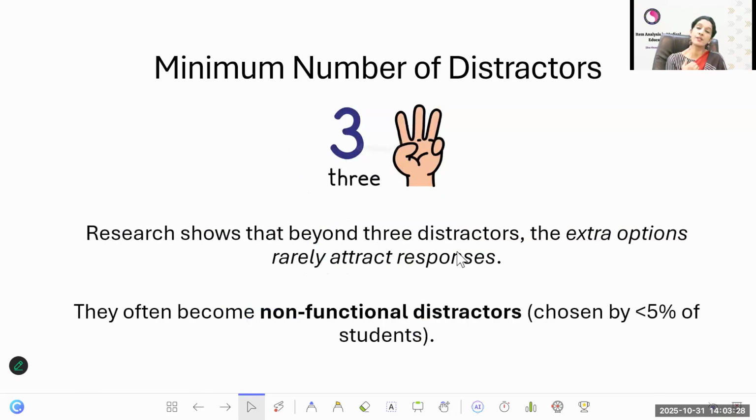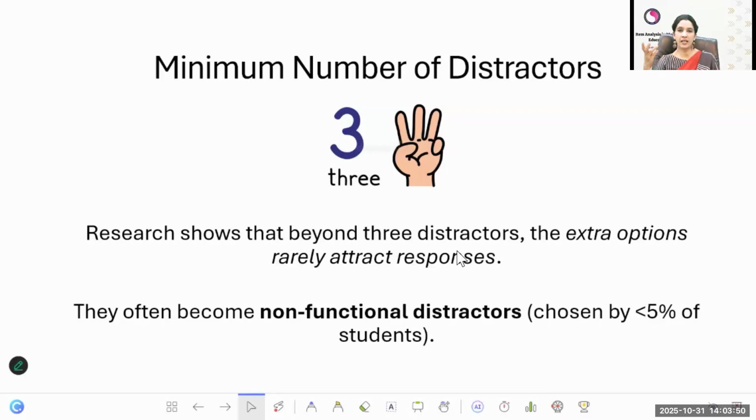But again, how do we say that it is a non-functional distractor? It depends on the percentage of people who have chosen it. So if the percentage of a particular distractor is less than 5%, that means it is chosen by less than 5% of the total test takers, then it is known as a non-functional distractor. Okay.